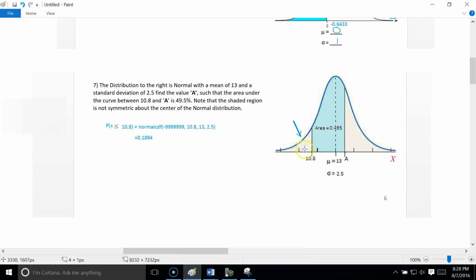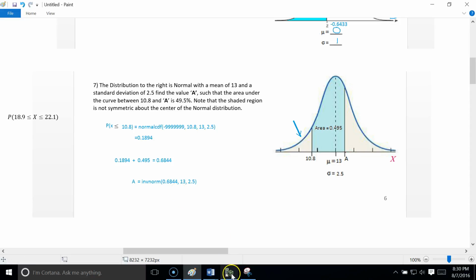Alright, so now that we found this area over here, we got to add these two areas together, and that'll give us the whole area to the left of A. Okay, so now finally to find the value of A, we're going to take advantage of the inverse norm function. A equals inv norm of the area to the left, which is going to be 68.44%, 0.6844, comma 13, comma 2.5.